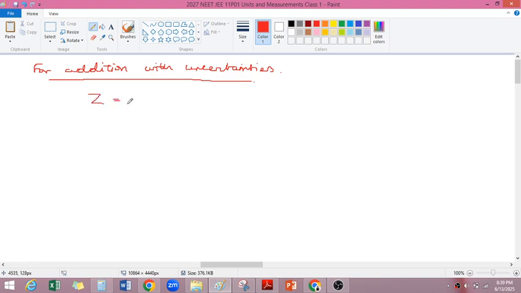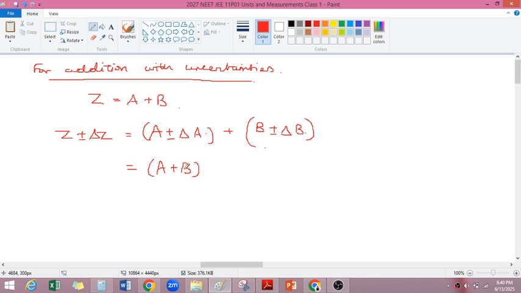So if Z is equal to A plus B, like R1 plus R2, and if I want Z plus or minus delta Z, along with the uncertainty, then I have to do A plus or minus delta A plus B plus or minus delta B. So this and this will be added, so A plus B. And then the plus or minus will come like this: plus or minus delta A, and plus into plus will be plus, plus into minus will be minus delta B. That means A plus B I can keep in the bracket, plus or minus I can take out commonly, so I will get delta A plus delta B. That's all.